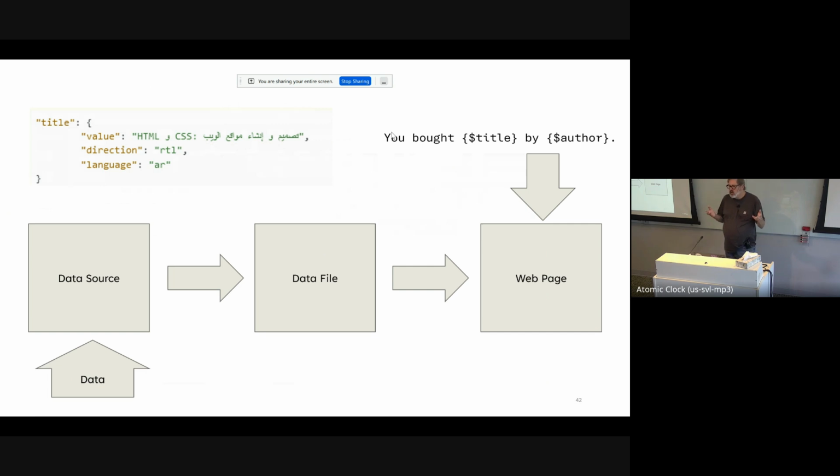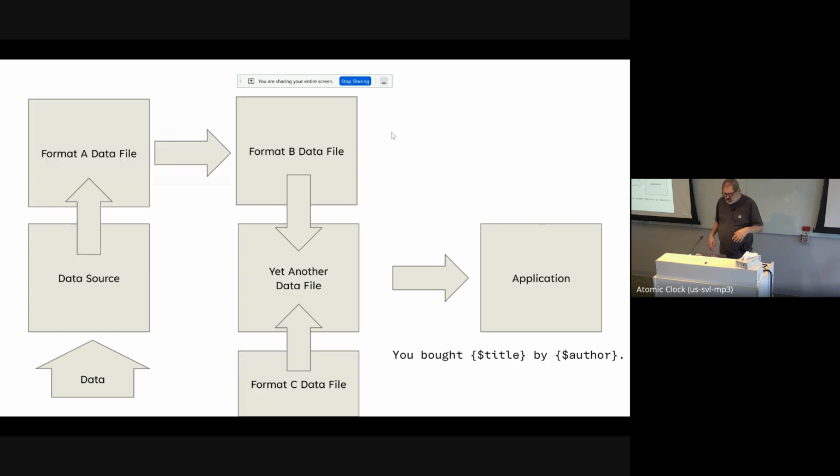Why am I haranguing groups to pick this up? The easy case, we always talk about the easy cases first. You have a data source, you make a data file, you send the data file down, and then you're going to insert the values into a string. But it's important that everybody start to do this in the same way and consistently everywhere, because the world doesn't look like that.